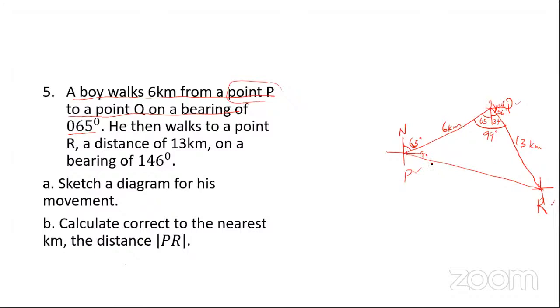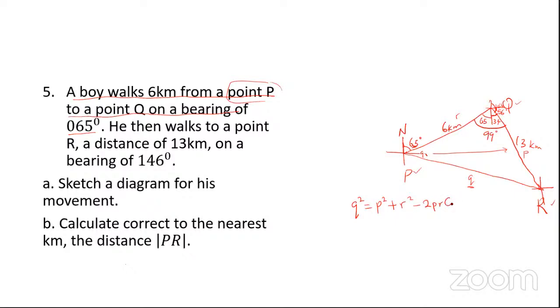Can we label the sides too? The one opposite to angle P is called small p, which is this. The one opposite to Q is called small q. The one opposite to R is called small r. So they want us to find small q. Using the cosine rule, we have q squared equals p squared plus r squared minus 2pr cos Q. I think we have stated that formula before.